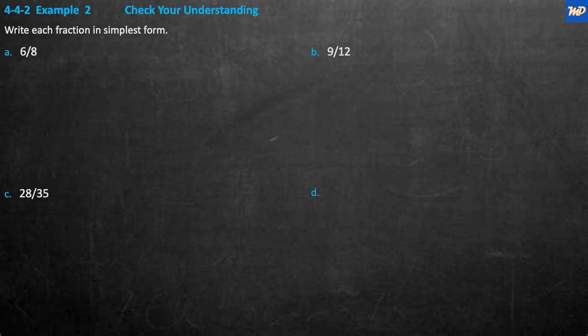So now for example 2, under check your understanding, it looks like they want us to do a couple of our own here without the help. So let's start off by doing the 6/8, and let's find the simplest form for the fraction 6/8. So we're going to write the 6 over here, and I'll write the 8 over here, and I'll take a 2 out, and I'll take a 3 out.